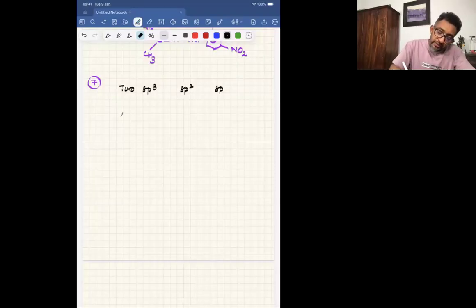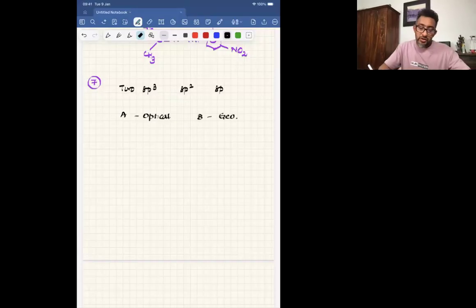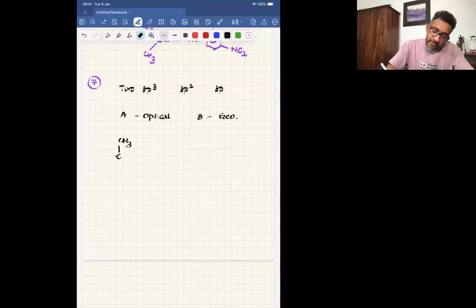A shows optical. B shows geometric. Let us see optical. How does the optical work? sp3 hybrid. Let us think about one chiral center. Chiral center should be sp3. Otherwise, you can't have four different groups. So sp3. I'm going to attach one sp3 here.